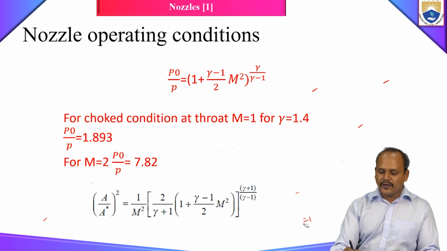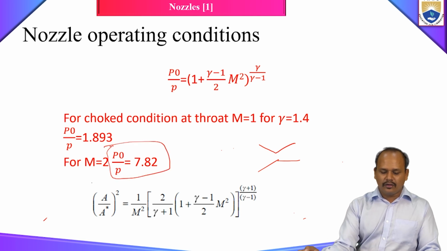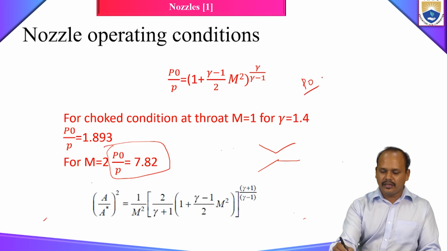Okay, so let's say for example, I have designed a convergent divergent nozzle for M is equal to 2. So if I'm going to substitute M is equal to 2 in this equation, I'll have P naught by P is equal to 7.82, or you can say P naught is equal to 7.82 times PB.